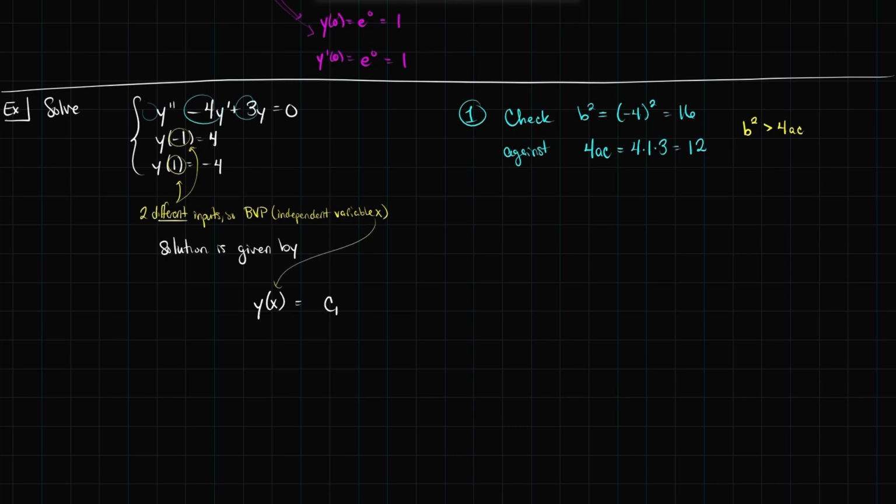And then we write this as c1 e to the (-b plus the square root of b squared minus 4ac) all over 2a on x, plus c2 e to the (-b minus the square root of b squared minus 4ac) all over 2a on x.